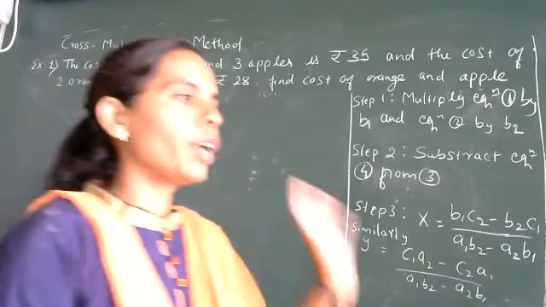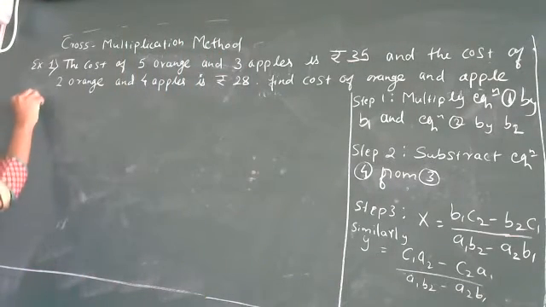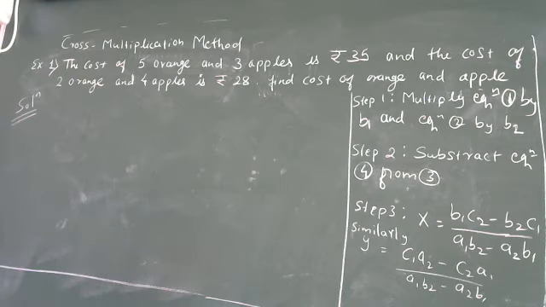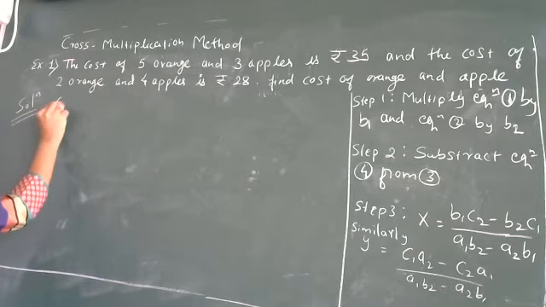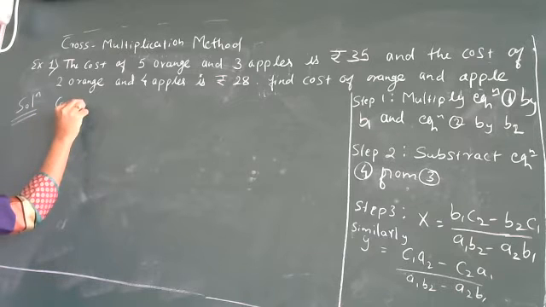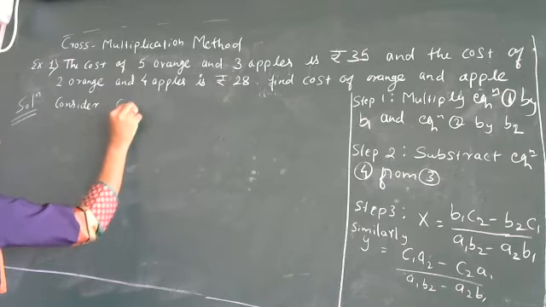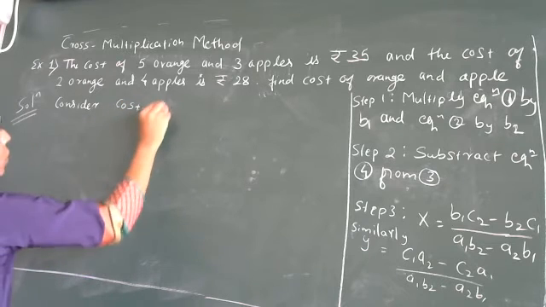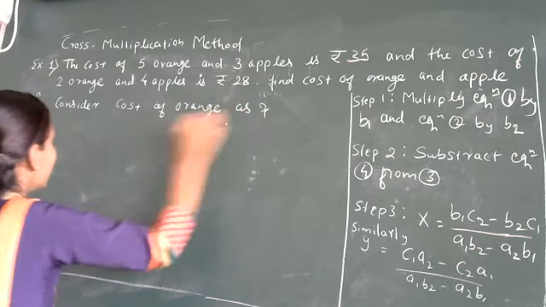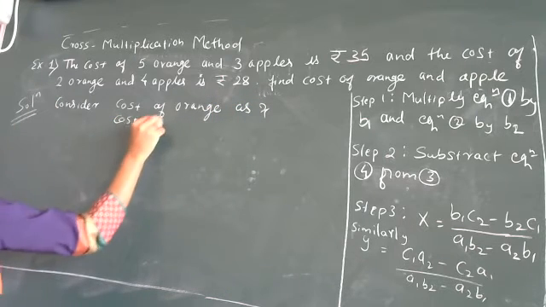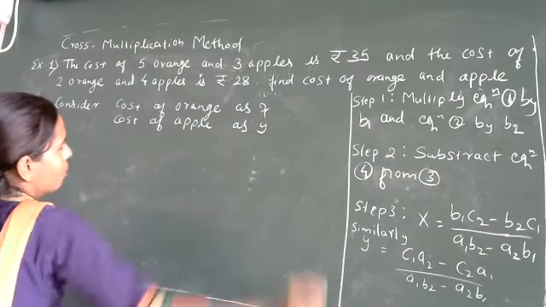So with this given data, we have to form algebraic equations. Let us see what those are. Can anybody tell me what the expressions are? Yes, what we have to consider? First we have to consider the cost of orange as x and the cost of apple as y.